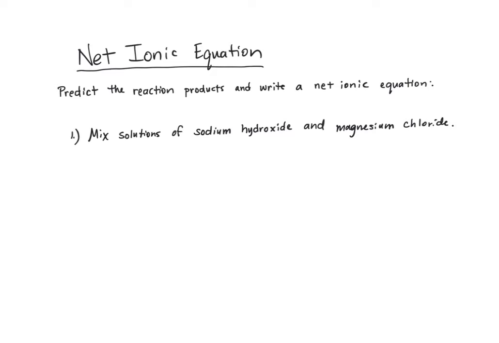For example, if we mix together solutions of sodium hydroxide and magnesium chloride, what can we predict about their reaction, and then how can we write a net ionic equation that describes just the chemical change that's happening when we mix these two substances together? Sodium hydroxide consists of a sodium cation that's got a +1 charge, a hydroxide anion with a -1 charge.